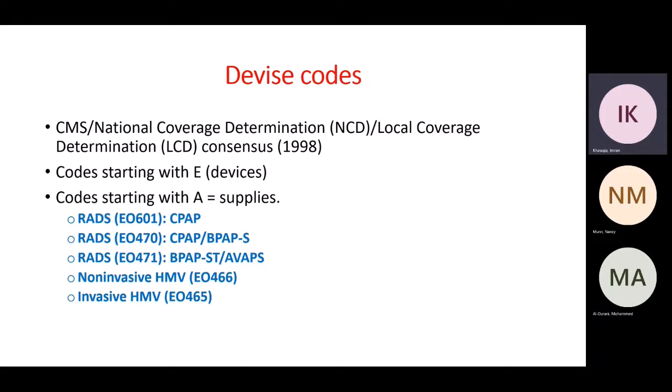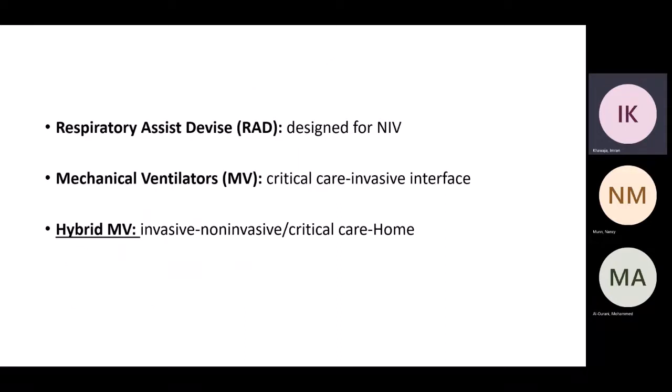The nomenclature you have here is what you might come across if you are prescribing or you get a letter from CMS denying or approving. The devices are abbreviated this way, if you want to take a look later. I'm sure you've heard of the respiratory assist device term. Initially it was only terminology used by CMS and national payers in this country, but lately it has started to invade the medical literature.